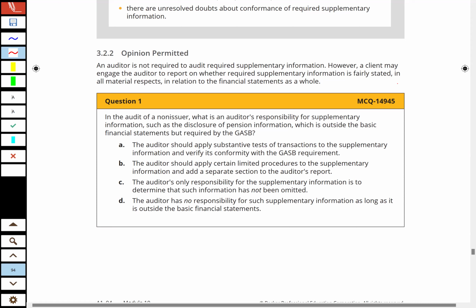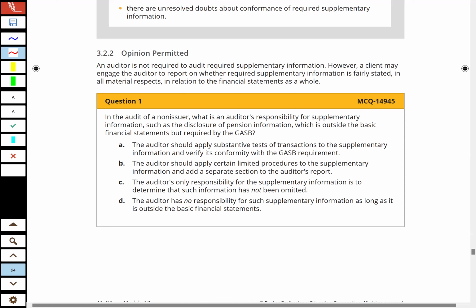For the auditor of a non-issuer, what is the auditor's responsibility for supplemental information such as disclosure of pension information, which is outside the basic financial statements? So we're talking about that box around the financial statements. I said that the auditor's opinion does not extend to that supplemental information, but the auditor has limited responsibility associated with it.